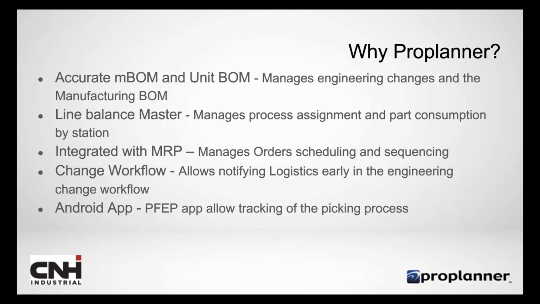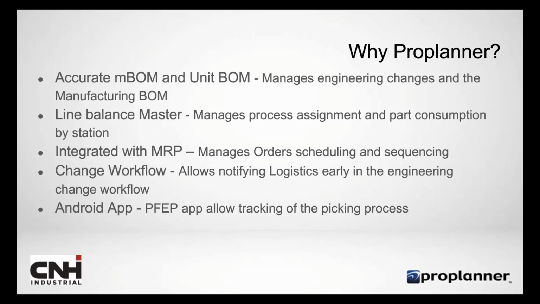So we already use Proplanner from a BOM standpoint, looking at how we were making our M-BOM, but the accuracy of the M-BOM and the unit BOM is what made it key. So when we understood what parts needed to go directly to the line at the point of use, we really just bounced it off the unit BOM, which was coming down the line in Proplanner Scheduler.